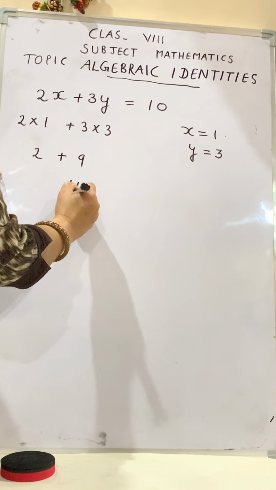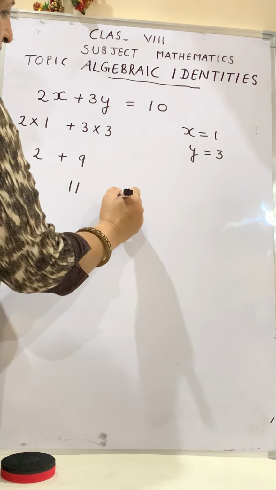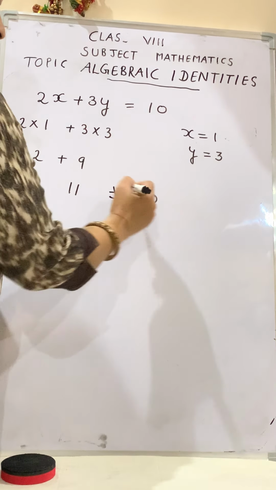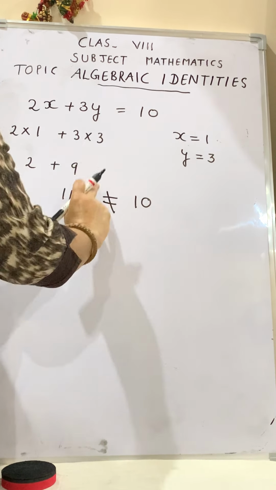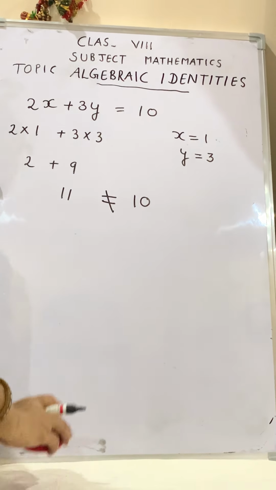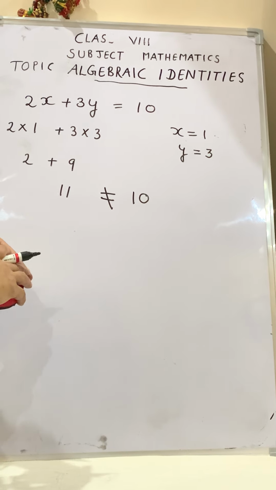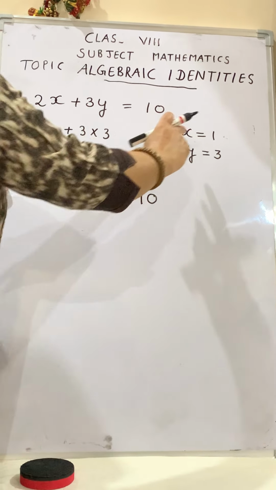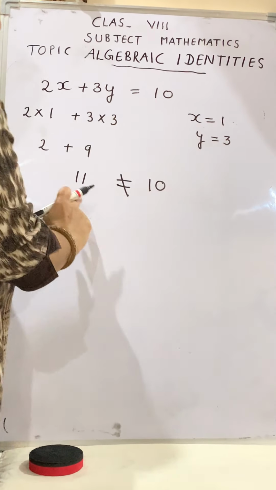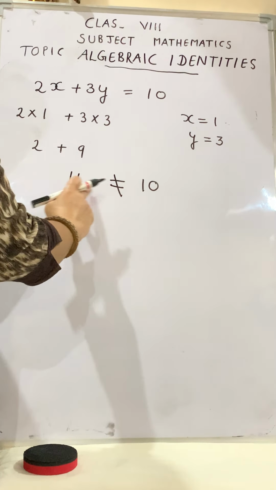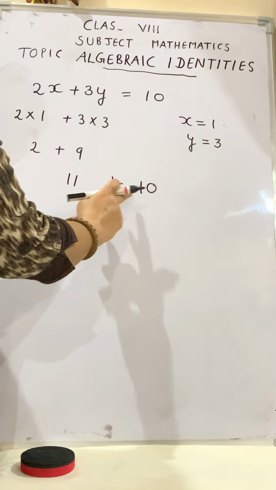It is 11, which is not equal to 10. So therefore it is not our algebraic identity. It is only an algebraic equation, because when we put x is 1, y is 3, then we see left hand side is not equal to right hand side.